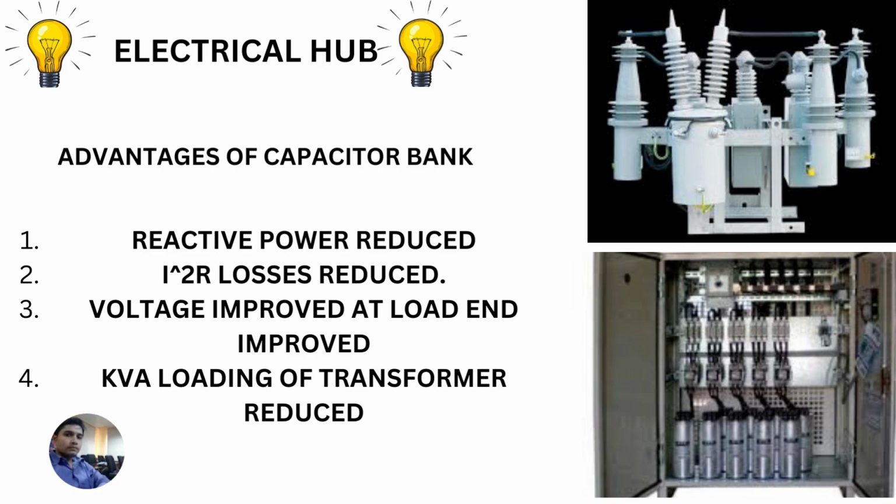Third, the voltage is improved at the load end. And finally, the kVA loading of the transformer gets reduced. A high power factor can help in utilizing the full capacity of electrical systems.